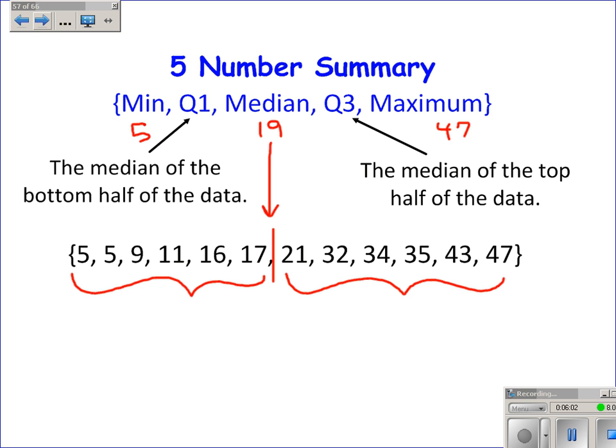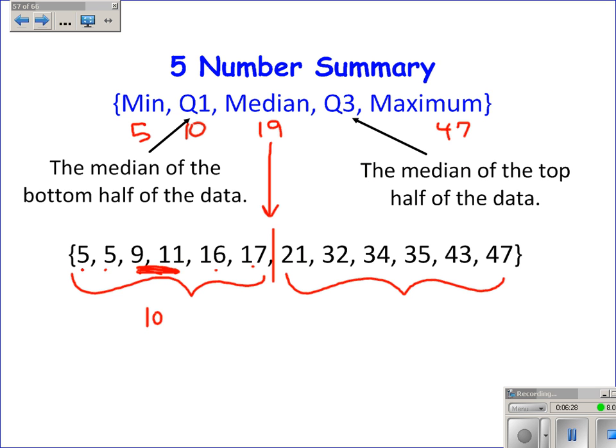Okay, so since 19 isn't a number in our data set, we'll use this bottom half to find Q1. Now the bottom half has 1, 2, 3, 4, 5, 6 numbers, and so the median will be the average of the third and fourth, which is 9 plus 11 divided by 2, which is 10. So Q1 must be 10.